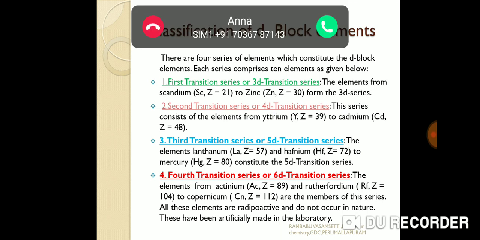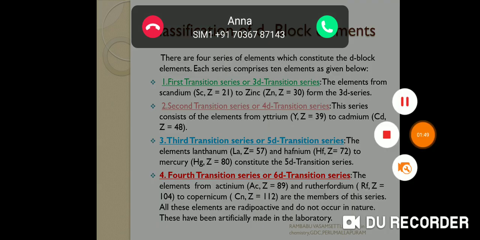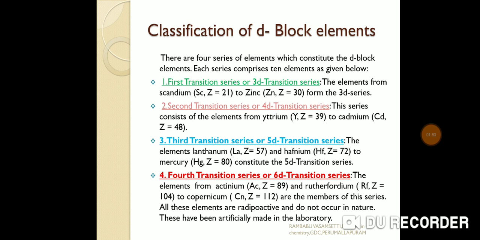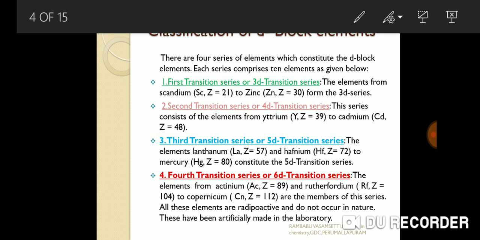The D block elements are classified into four transition series. The first one is the first transition series, called the 3D transition series. Here in these elements, the differentiating electron, that is the last entering electron, enters the 3D subshell.